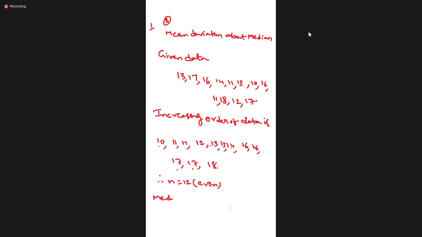Otherwise, you just circle the numbers. 13 plus 14 by 2. Sir, 13.5. These two. 13.5. So this is median.